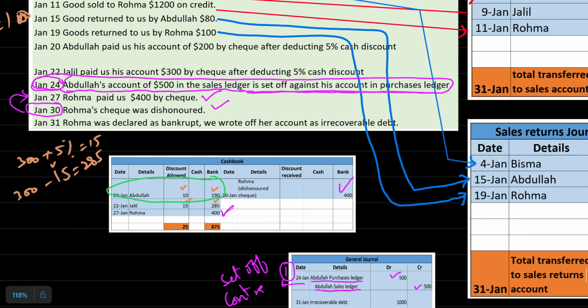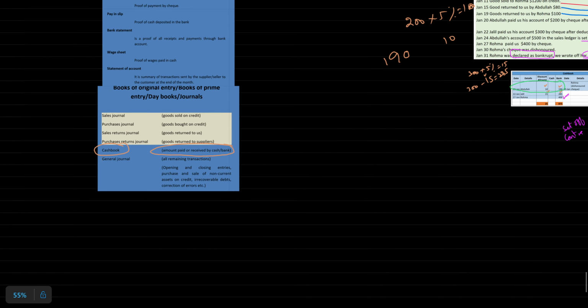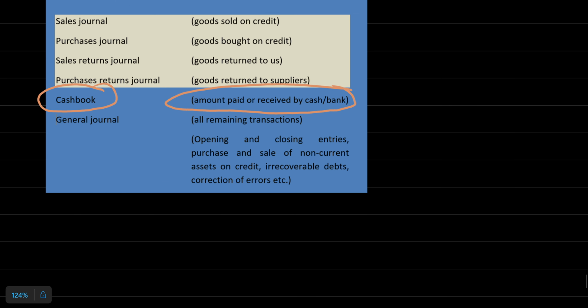Now let us move to the last transaction, January 31. On the last day of the month, we came to know that Rohma has been declared bankrupt. So we decided to write off that amount as irrecoverable. We already know that irrecoverable debts are recorded in the general journal.